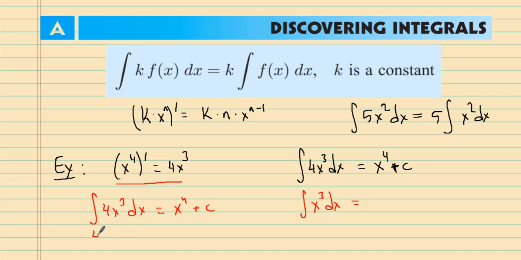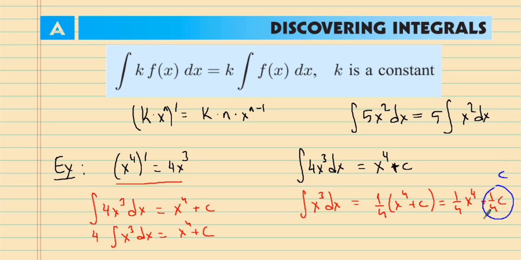If I take 4 outside, 4 times the integral of x cubed dx equals x to the power 4 plus c, and if I divide both sides by 4, I will get 1 by 4 x to the power 4 plus 1 by 4 c, and this one is again a constant, a number, so let's call it c again, so it doesn't have any effect. So my integration of this function will be 1 by 4 x to the power 4 plus c. If you want to check yourself, just take the derivative of this function and see whether it equals x cubed or not.